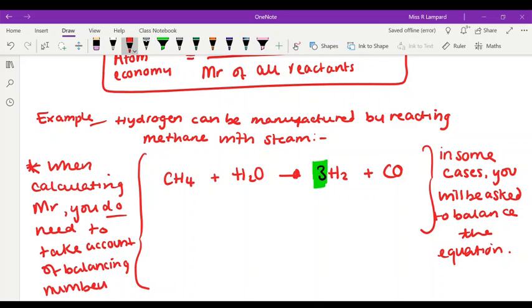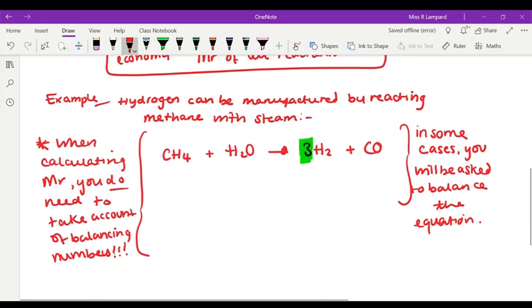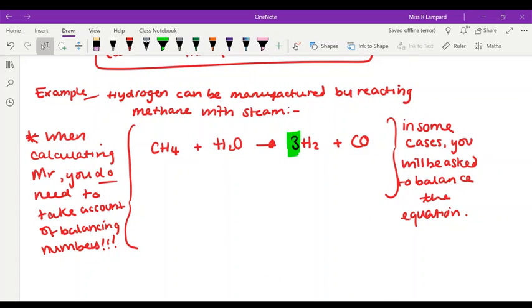Okay, and that is because when we're working out the atom economy, we need to work out how many moles of both reactants and products are involved in the equation. When we do a reacting mass calculation, we have that ratio step which accounts for this. So we don't use that when calculating the Mr, whereas here, okay, we do need to take account of this.